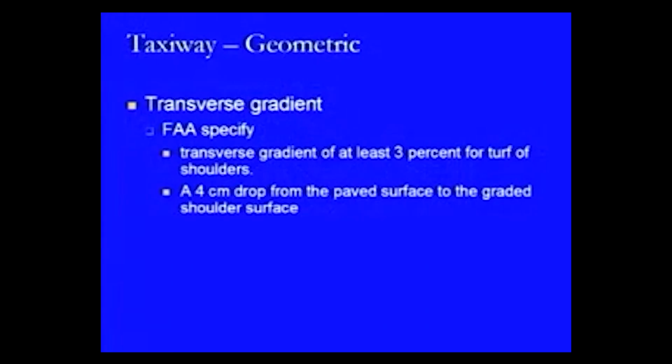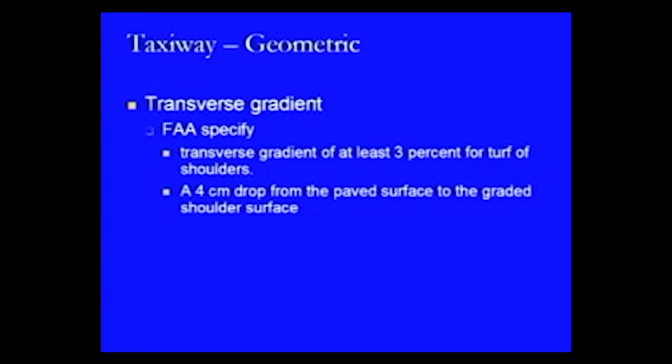Then there are some recommendations which have been given by FAA, and FAA says that the transverse gradient of at least 3% is to be provided for shoulders which have been turfed, being provided with some fixed objects, and also a 4 centimeter drop from the paved surface to the graded shoulder surface should be provided.